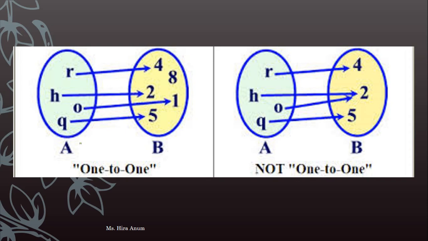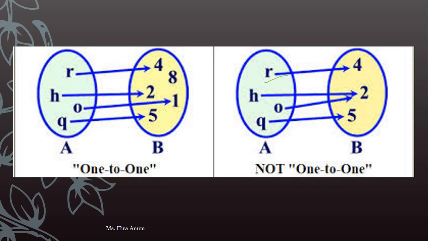When we take R, it gives 4. When we take H, it gives 2. When we take O, it gives 1. When we take Q, it gives 5. But here you can see this is not a one-one function. When we take R, it is 4. When we take H, this is 2. O, it is 2.